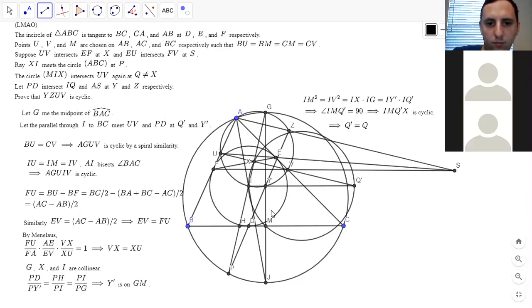So we need angle GIJ equal to angle GYP, right? Yeah, but we have that JM times JG is equal to JI squared. Actually, because PJIY is cyclic, PIJ equals PYJ, and from there it follows that those two angles are equal. So P, Y, and Z will be collinear, and that will solve the problem.